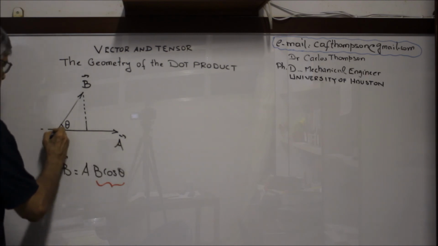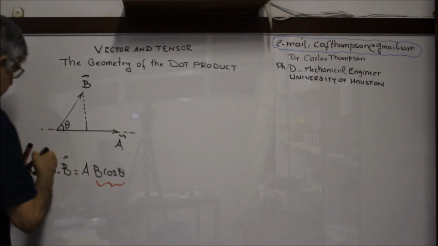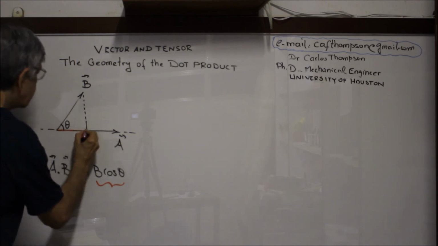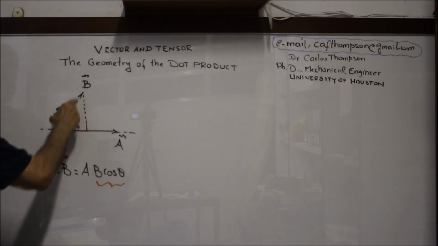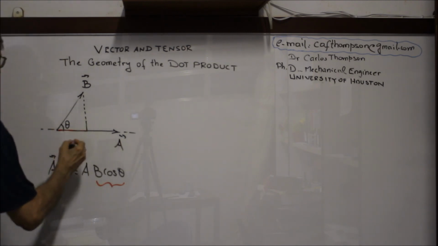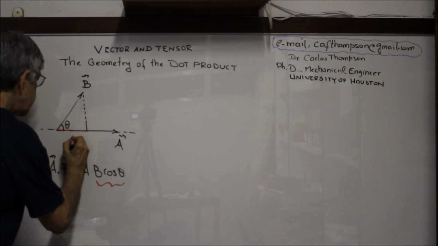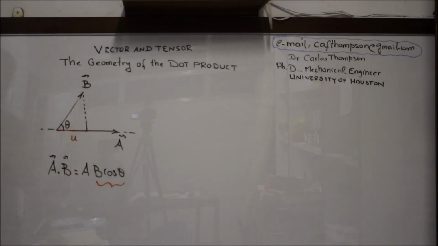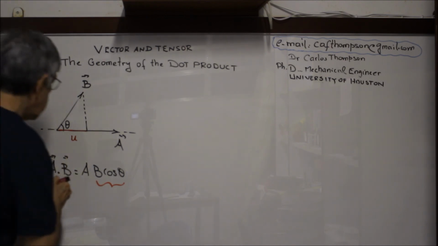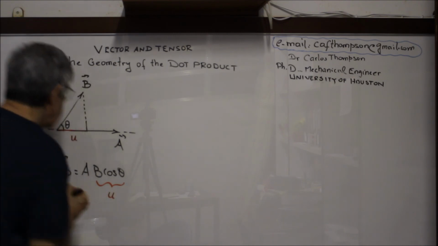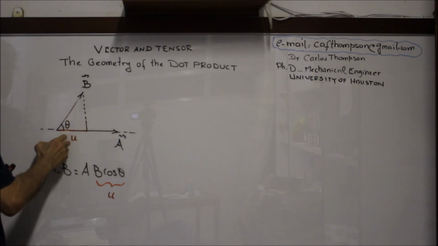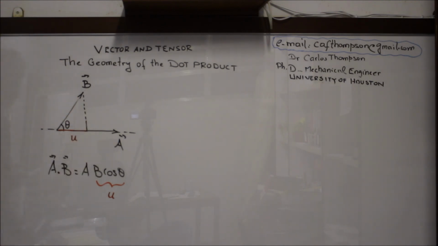This projection is just the magnitude of B cosine of theta. Let's call this projection a small u. That's a scalar. This is my u, the projection of vector B on vector A.